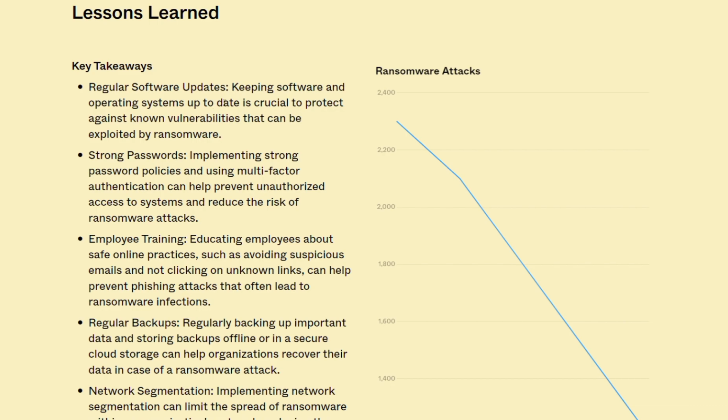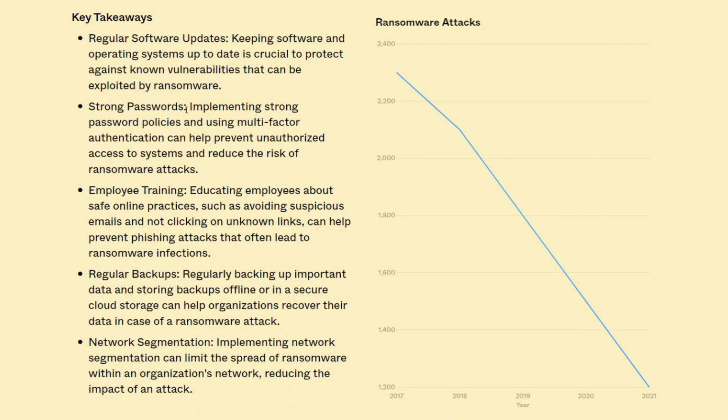Keeping software and operating systems up to date is crucial to protect against known vulnerabilities that can be exploited by ransomware. Strong passwords. Implementing a strong password policy and using multi-factor authentication can help prevent unauthorized access to systems and reduce the risk of ransomware attacks.